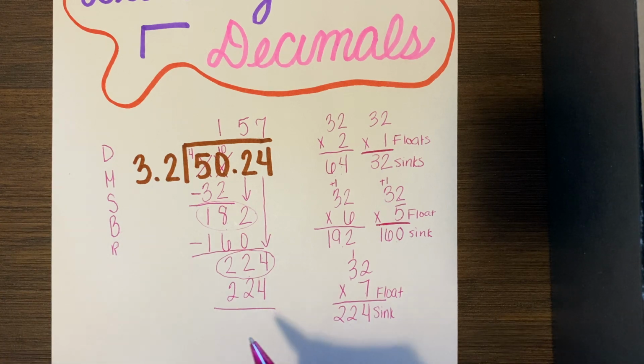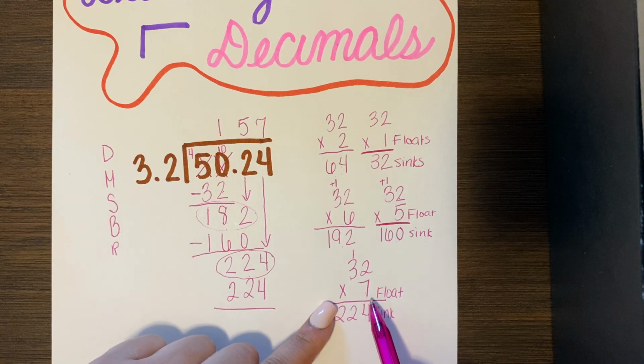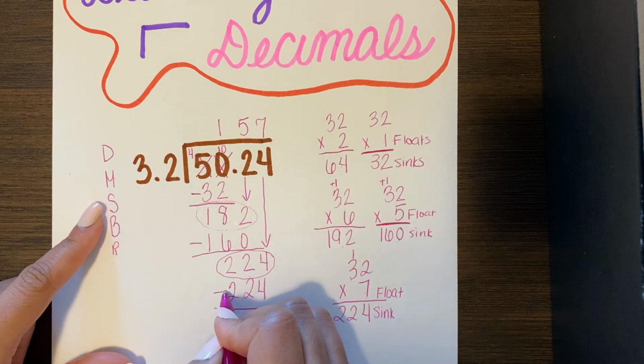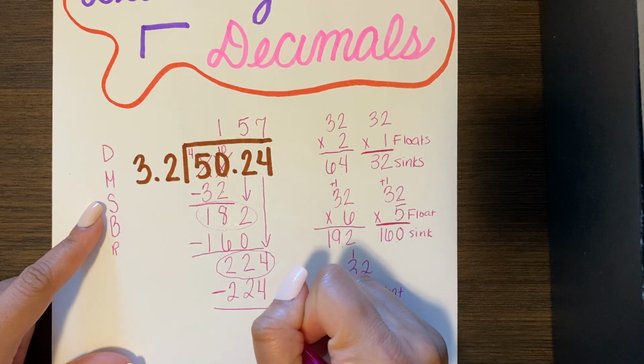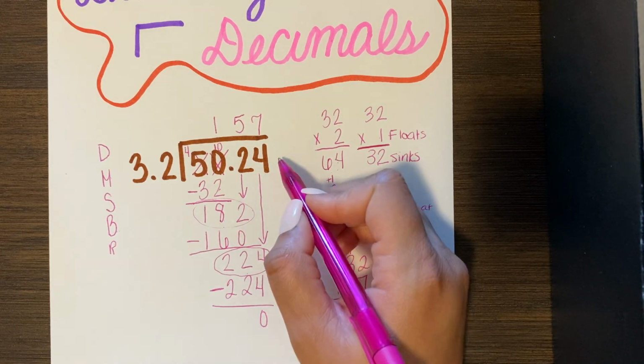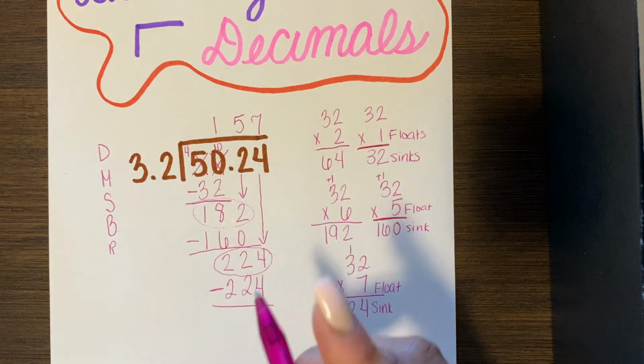Okay, now that we have done the division and the multiplication over here, we're going to go ahead and subtract. We have nothing left here, and we have nothing left to bring down. But we are not done.